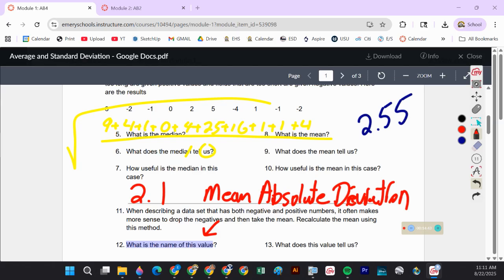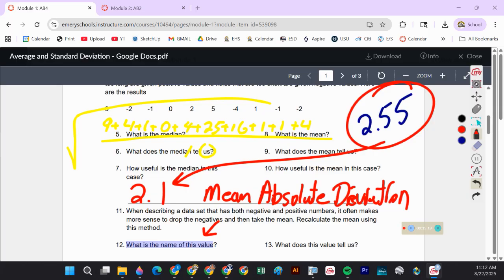So now we computed what is called the root mean squared. And the root mean squared was created using this squaring technique. And when we use the squaring technique, we will always get a number that is slightly larger than the mean absolute deviation. Why is that? Because when you square the numbers and then take the average before you take the square root, it's sort of like looking at the hypotenuse of a triangle compared to the side lengths.